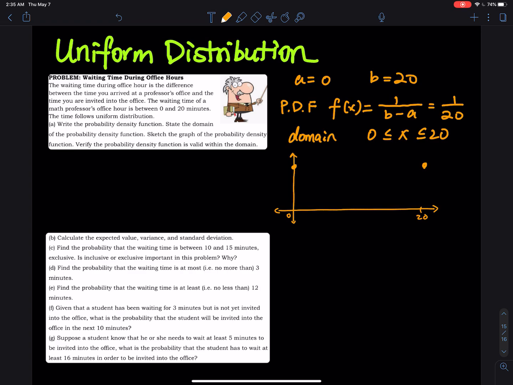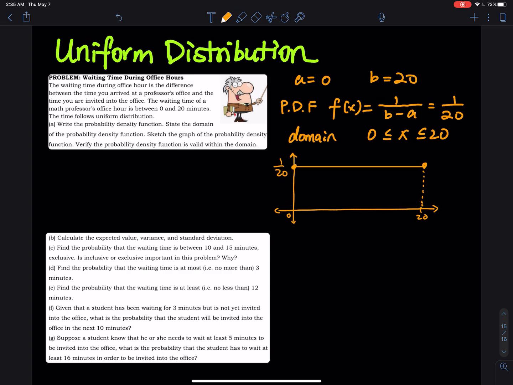So it's a horizontal line. The slope is equal to 0. So we draw a horizontal line. The cut is between 0 and 20. So we cut that right here. And then the shape looks like a rectangle, right? What's the height? The height is just the PDF.